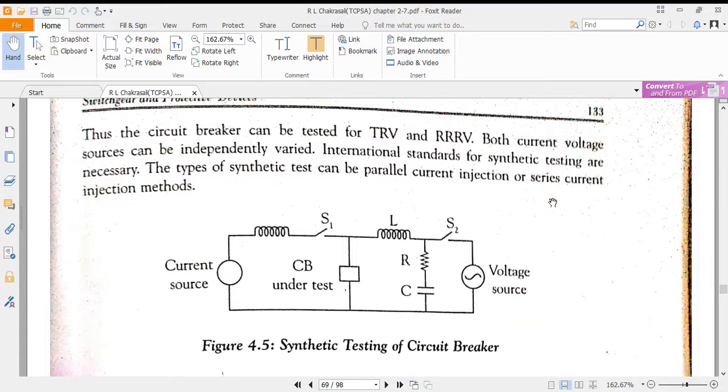Both current and voltage sources can be independently varied. Because of the independent sources, we can either increase the current or we can increase the voltage to test the circuit breaker as per the IS, of course, as per the IS.